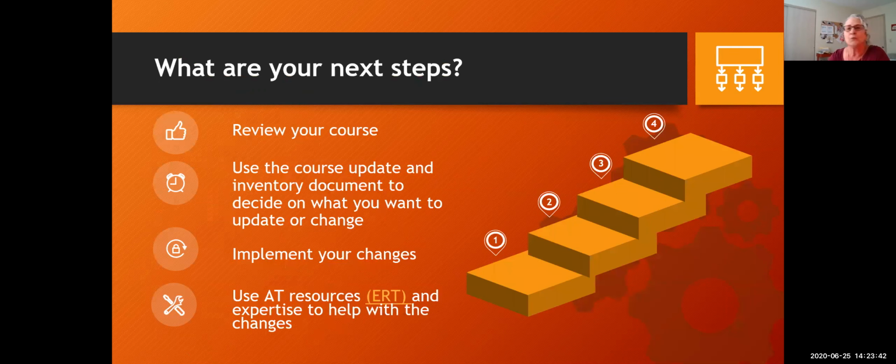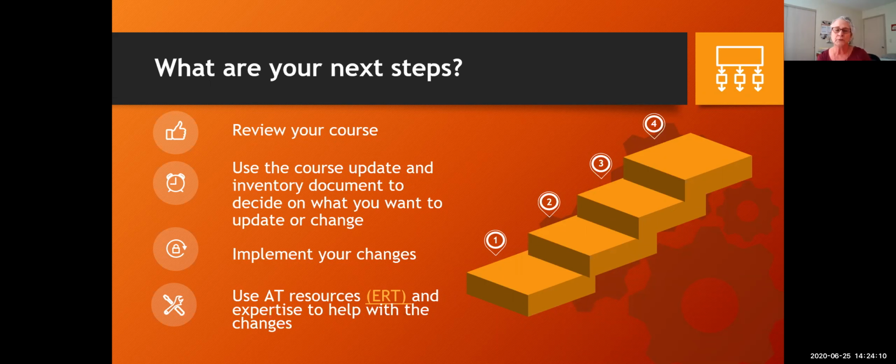So what are your next steps? Your next step is really to reflect and review your course. You can use the course update and inventory document to decide what you might want to change. As I said, this isn't about overhauling your class. You've been teaching it for years, so there's probably lots of great material in it. You might just want to focus on a couple things, and that would be great.